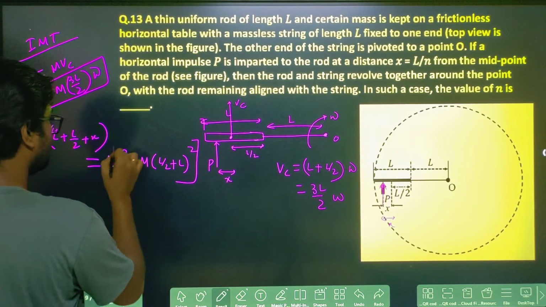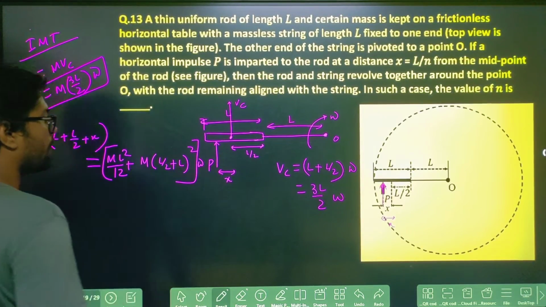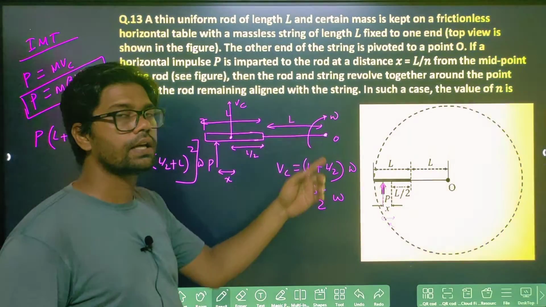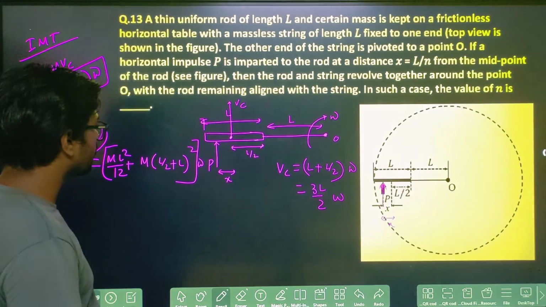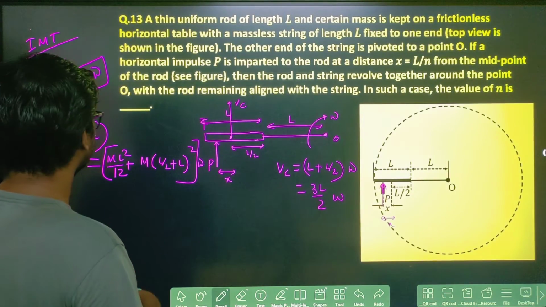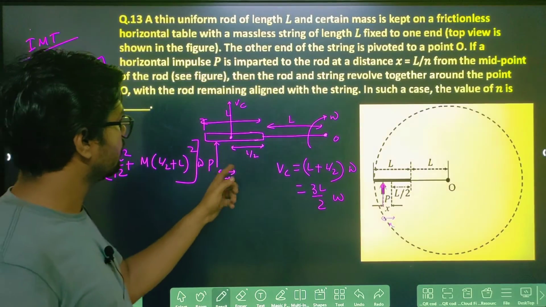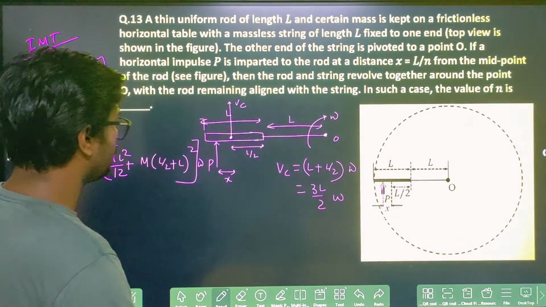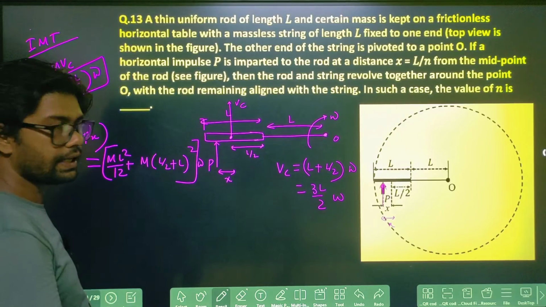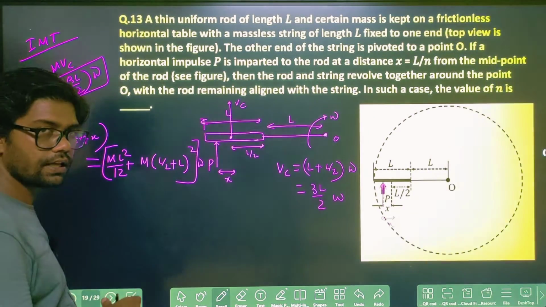And this into omega. This will be your final angular momentum about this point. Initial angular momentum will be 0, right? So you write down the angular impulse about this point, and that is equal to L final minus L initial. This is your L final, L initial will be 0.